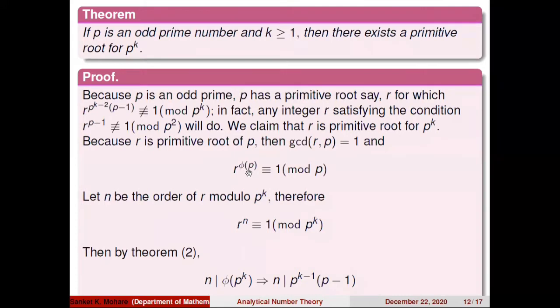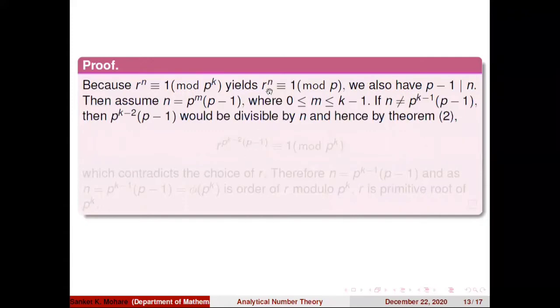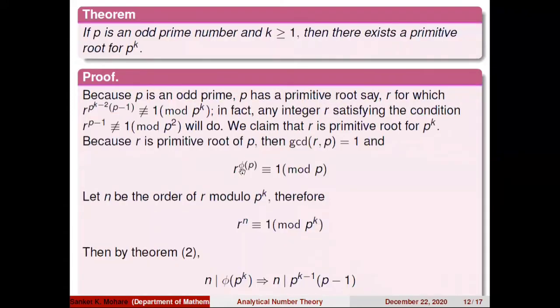Phi of p. By the definition of primitive root, r to the power phi of p is equal to 1 modulo p. It means in the definition itself, phi of p becomes the order in this case. As r is a primitive root, that's why phi of p becomes the order of r. Here I am saying r to the power n is congruent to 1 modulo p, and r to the power phi of p is congruent to 1 modulo p.